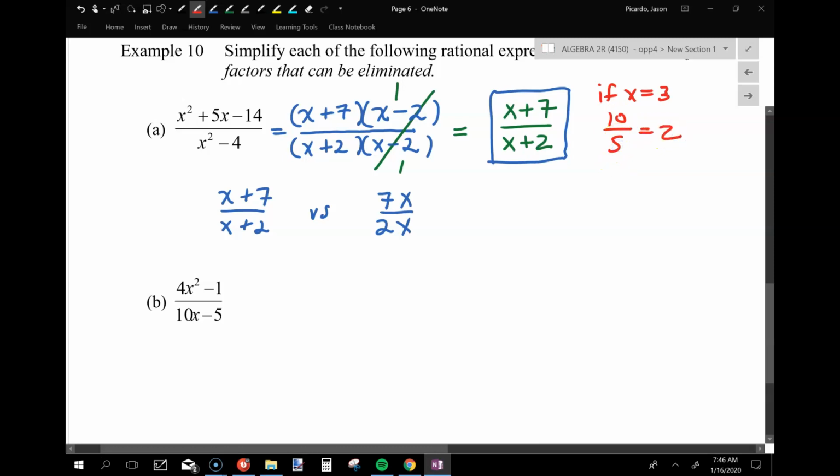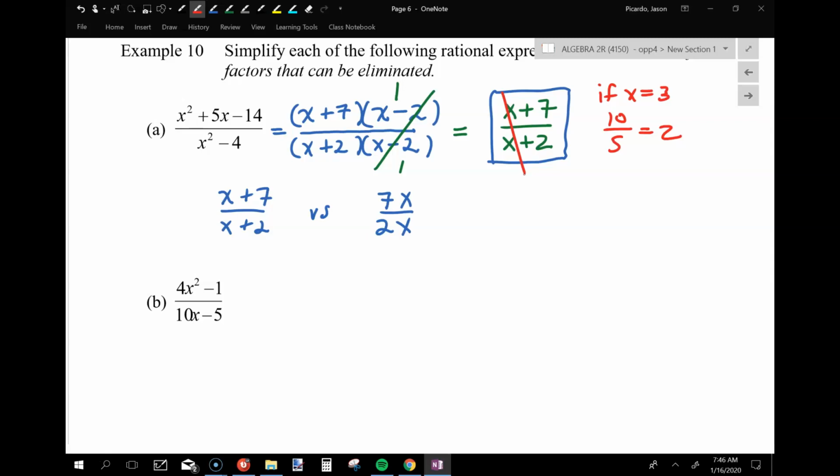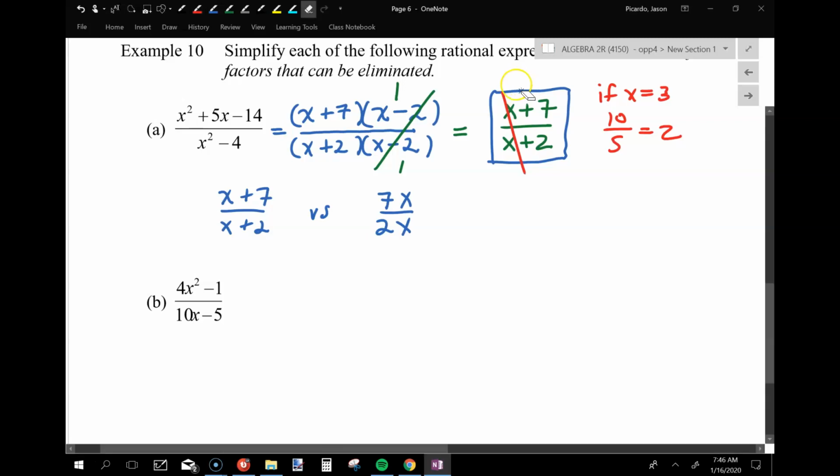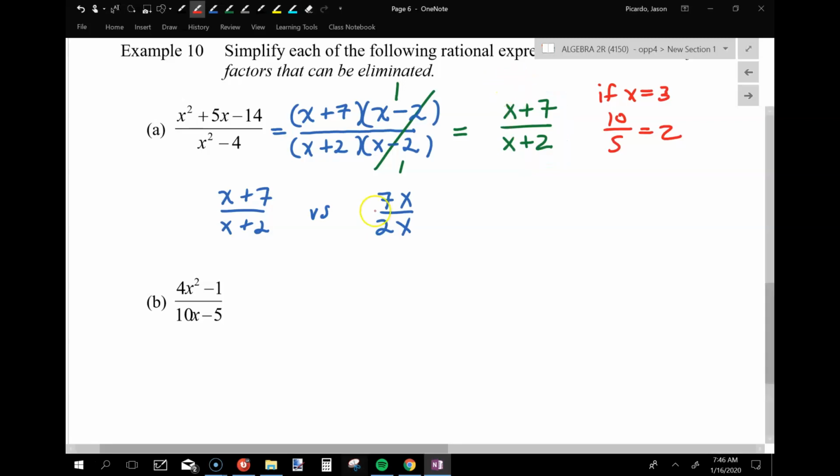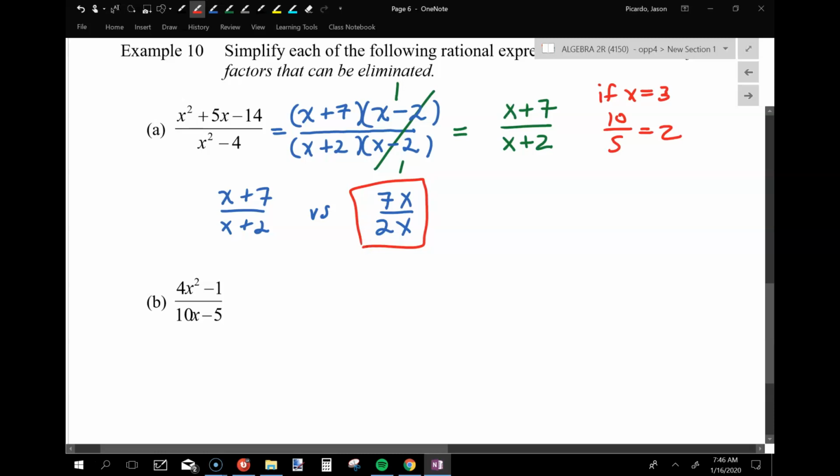Well, if your assertion is right, that I'm allowed to do this, then I should get the same answer as what I got right there. But what's 7 divided by 2? 3.5. It's not equal to 2, is it? No. Okay. So there's one reason. By the way, let's do the same example here. What's 7 times 3? What's 2 times 3? 6. What does 21 divided by 6 reduce to be?